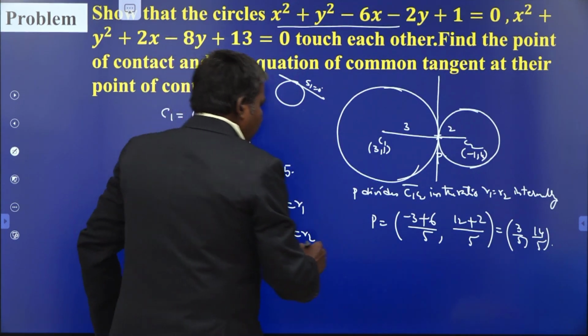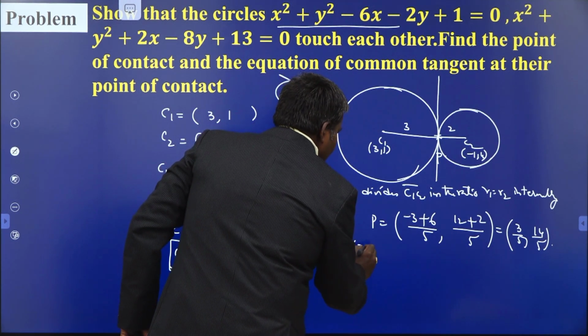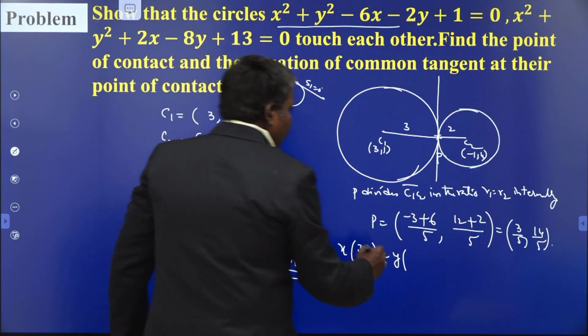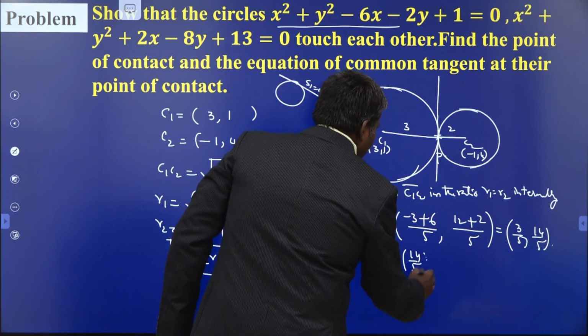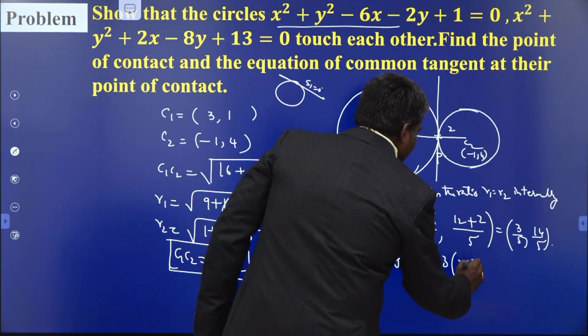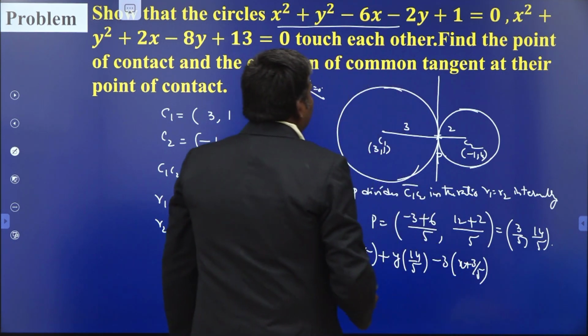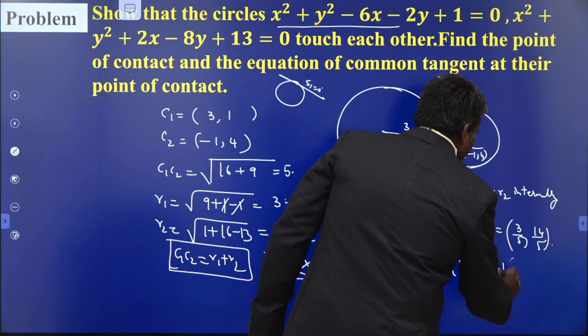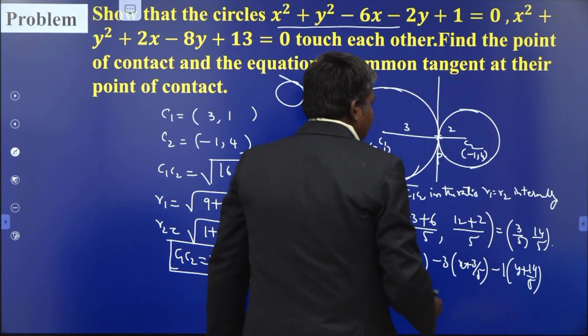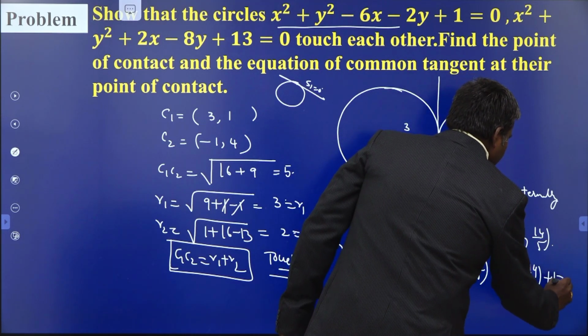So, x1 into x, that is x times 3/5, plus y1 into y, that is y times 14/5, plus g, that is minus 3 times (x plus 3/5), and then minus 1 times (y plus 14/5), and again you have to write c, plus 1 equal to 0.